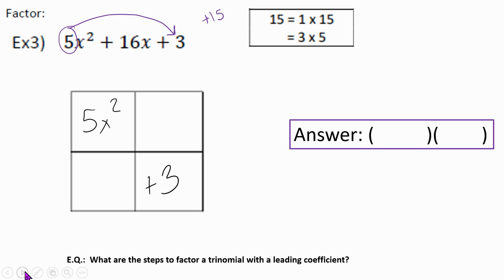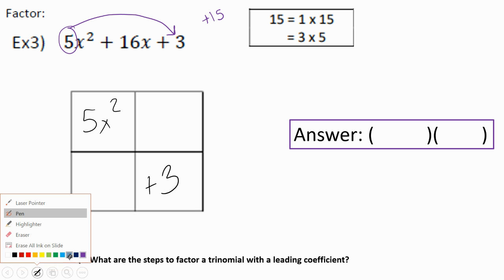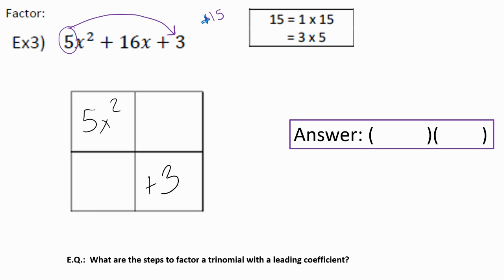And we want from this list, since it's a +15, it's going to add to 16. So what multiplies to 15 but adds to 16? That's going to be a 1x and a 15x. And always double check. Yes, 1 plus 15 is 16. So we're going to put them on the side.